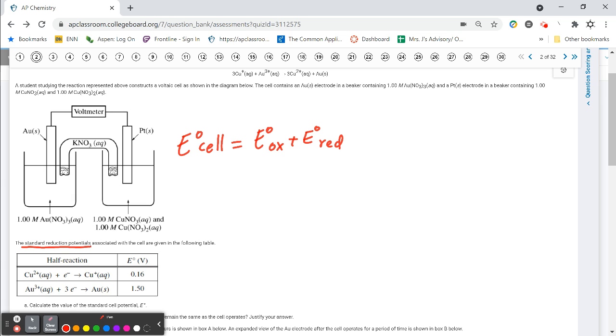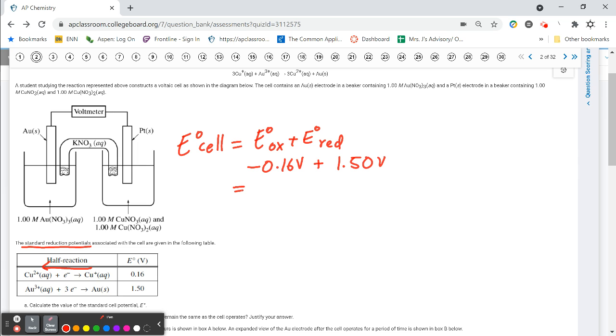So that is the one that is going to oxidize. However, remember, these are reduction potentials. That means you must flip the equation here. So copper plus is going to oxidize into copper 2 plus, which means 0.16 must be turned into negative 0.16 volts plus 1.50 volts.